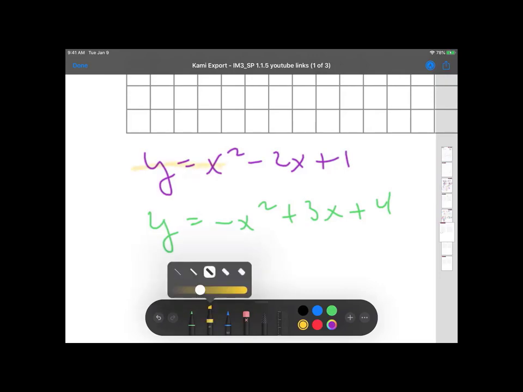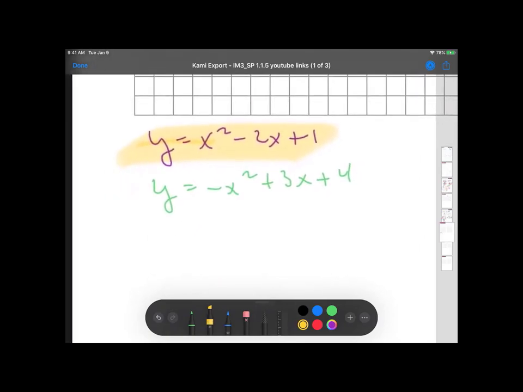So every time I see y, I'm going to write x squared minus 2x plus 1. I see a y variable here on the left side. Instead of writing y there, I'm going to write x squared minus 2x plus 1, what I just highlighted above.